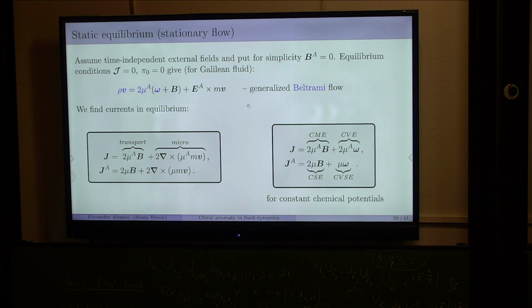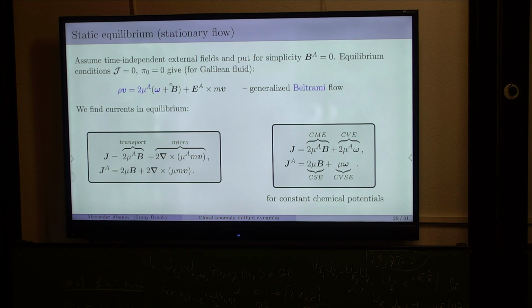For simplicity, just to make the equations smaller and easier to read, we put the axial external gauge field to be 0. So only electric or chemical potentials we will leave. And then the equilibrium condition is that the vector part of this particle current equals 0 and pi 0 equals 0. And they give this equation which specifies equilibrium configurations.